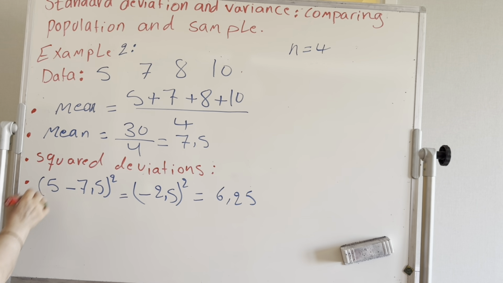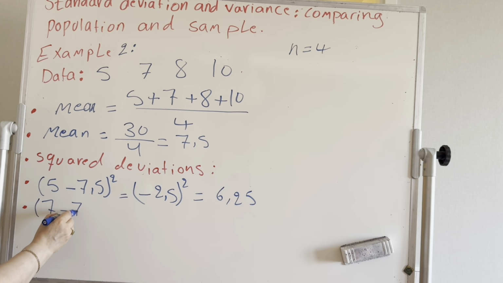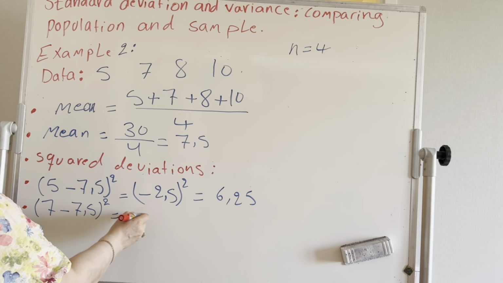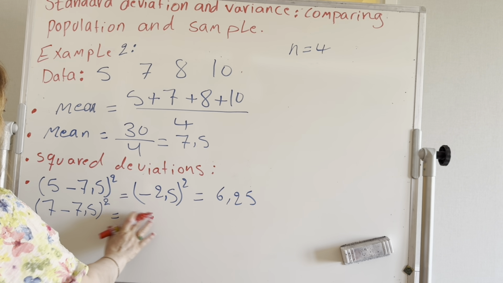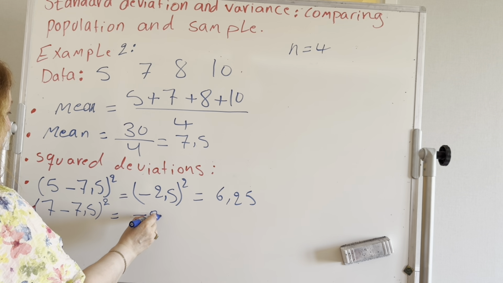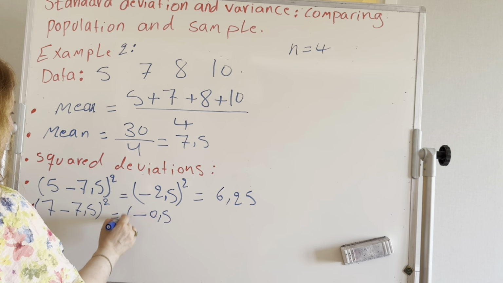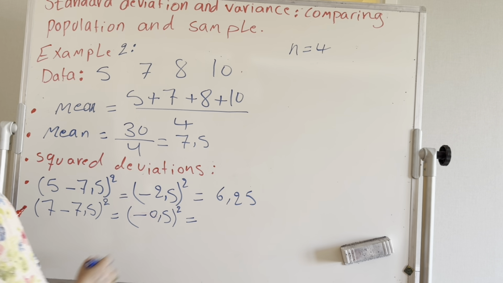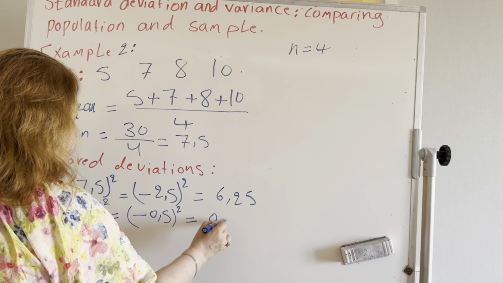The second number, 7. 7 minus the mean 7.5, squared, equals minus 0.5 squared, equals 0.25.